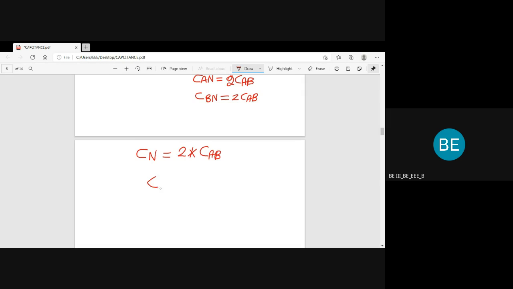So Cn will be 2 pi epsilon naught divided by ln of d by r.